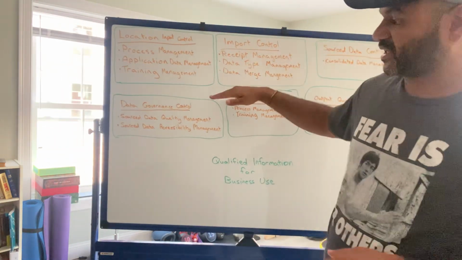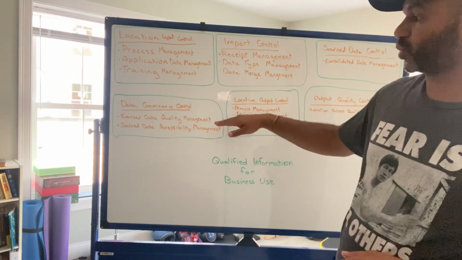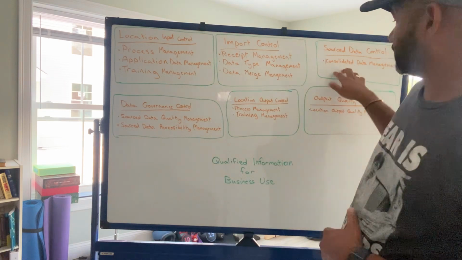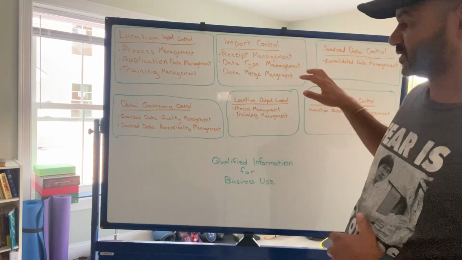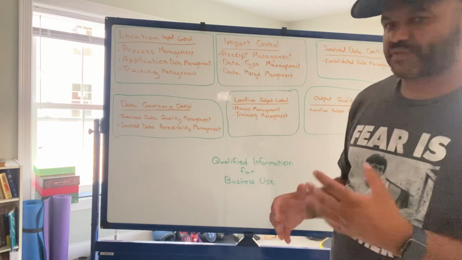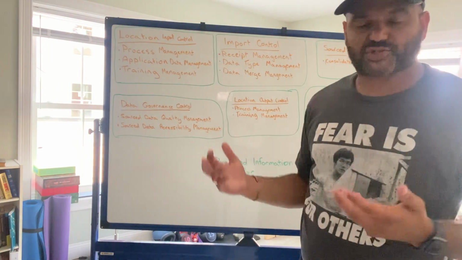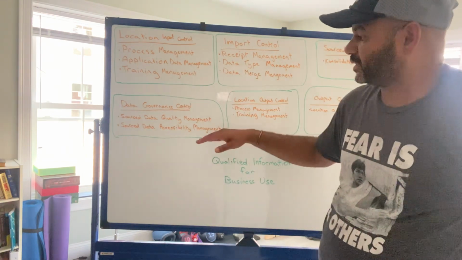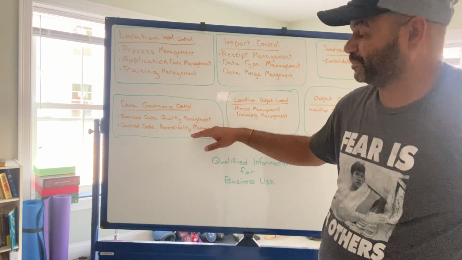And then there's the data governance control, which is the source data quality management. That's making sure that everything that was sourced up here is accurate, is grouped together appropriately, and without error as far as aggregations go, and granularity is correct. And then source data accessibility management.